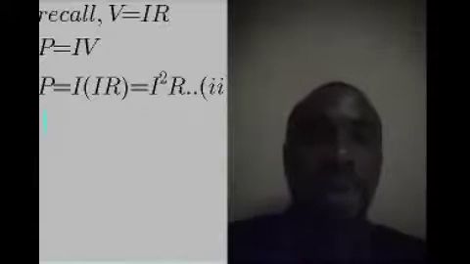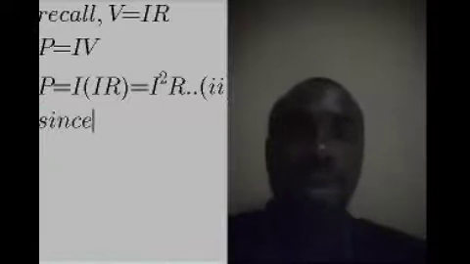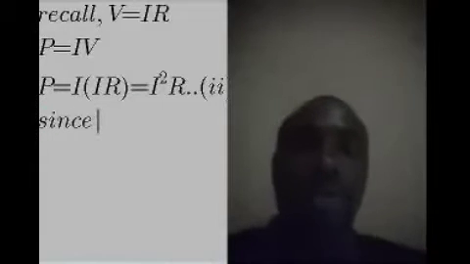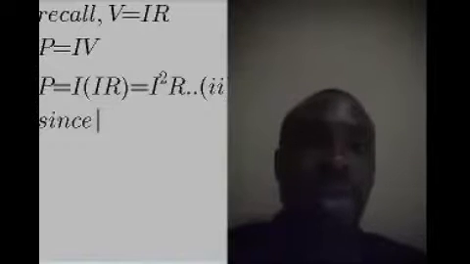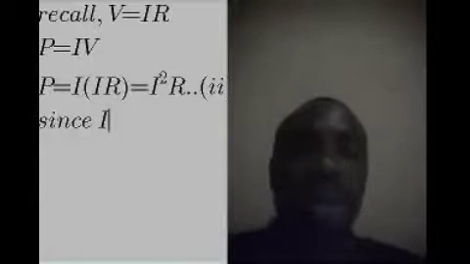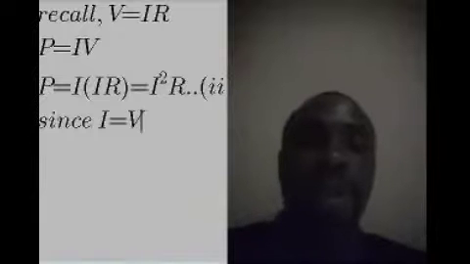Okay, that's relatively simple, I suppose, right? Equation 2. Now, using Ohm's law again, since we know that V is equal to IR, what if we want to make I the subject of the formula? We now have I is equal to V over R, right?